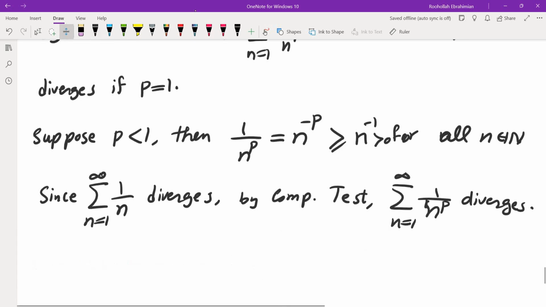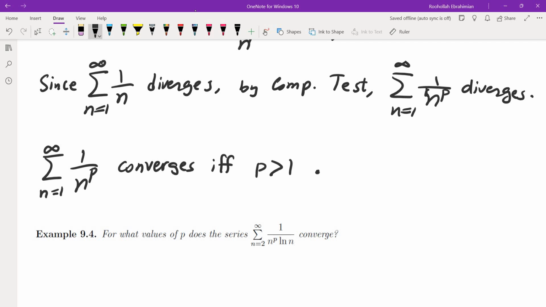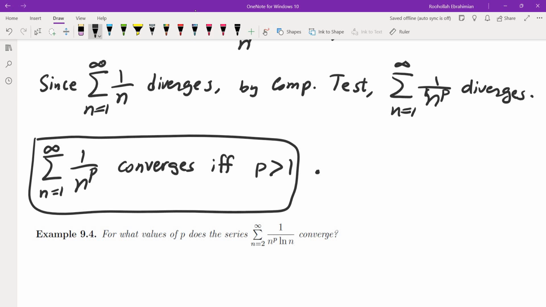So to summarize, the sum of 1 over n to the p converges if and only if p is greater than 1. And that's exactly what the test was.